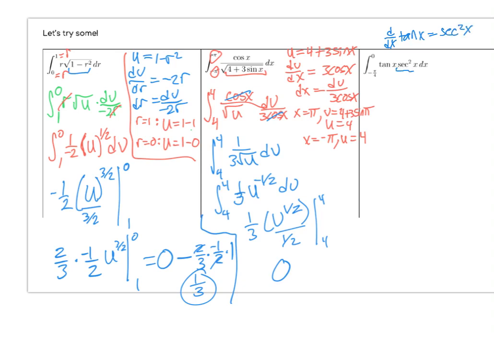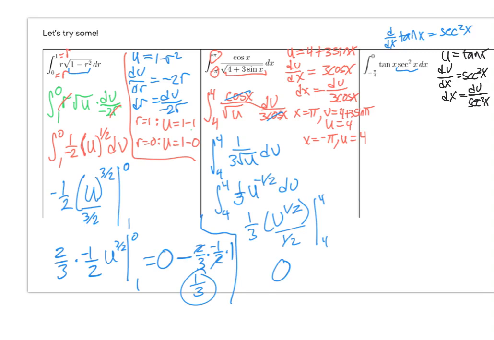And the fact that this is the derivative of another part of this is probably a good sign. So let's try setting that equal to u. So u is equal to tangent of x. Du dx is going to be secant squared of x.